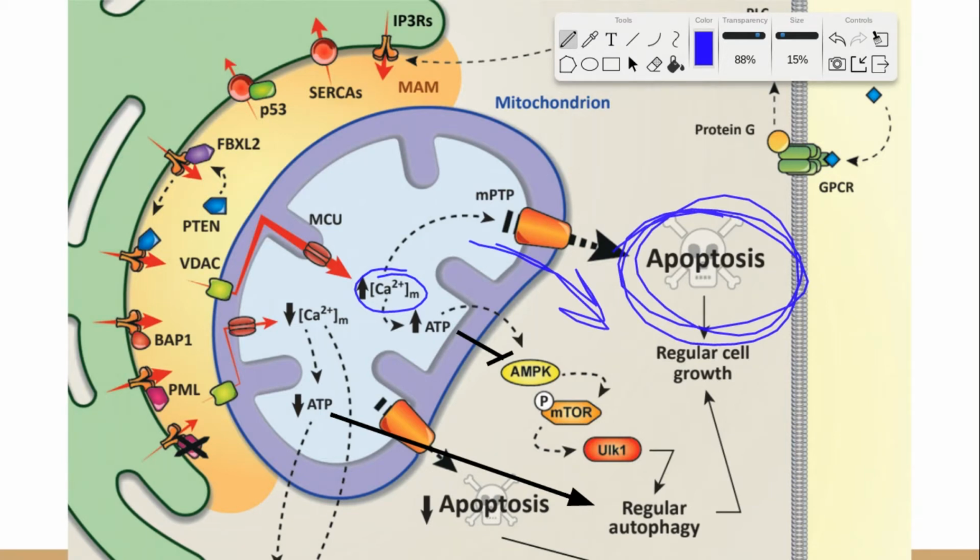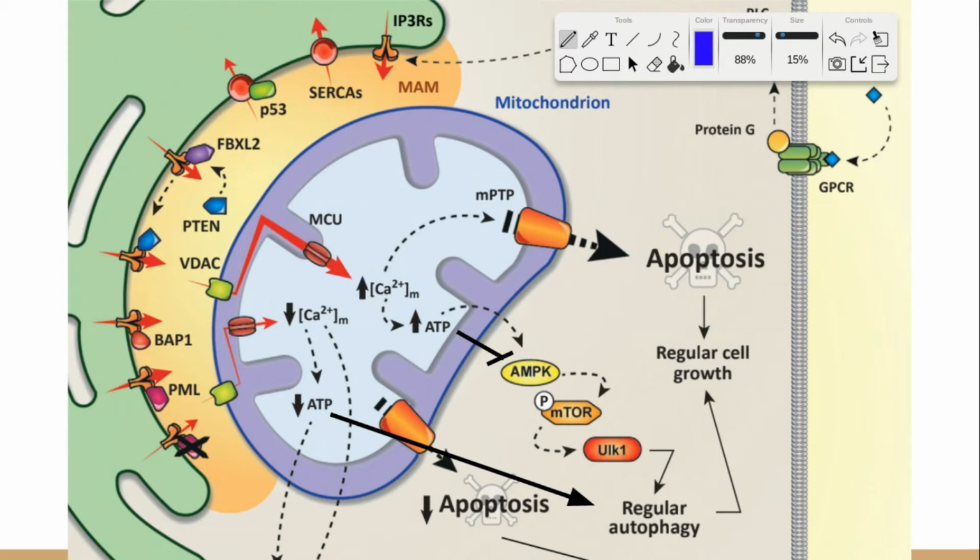And this leads to a loss of ATP production, because if you lose the proton gradient, you lose ATP production. That means AMPK is going to be active, and that means there's going to be activated autophagy, which is going to be trying to salvage ATP concentration.